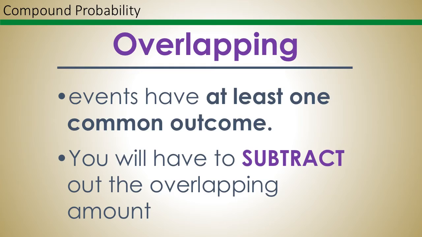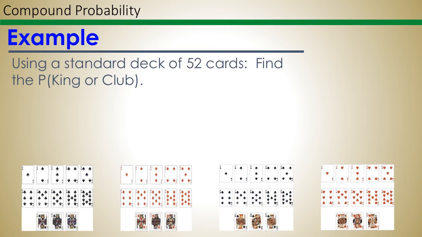If I was randomly selecting a student from Beaufort High School, and I asked you, what's the probability that someone is either a freshman or a female? There are students who are both a freshman and a female, so we have to subtract them back out because we're counting them twice. Or if we're looking at a deck of cards, what's the probability that a card is an ace or a club? There is an ace that is a club, so that card is getting counted twice, and we have to subtract it because it's overlapping.